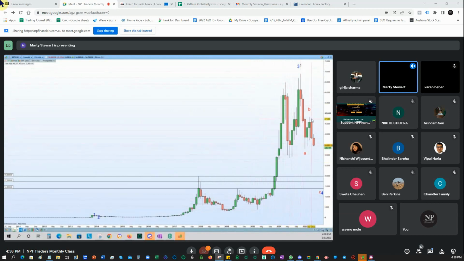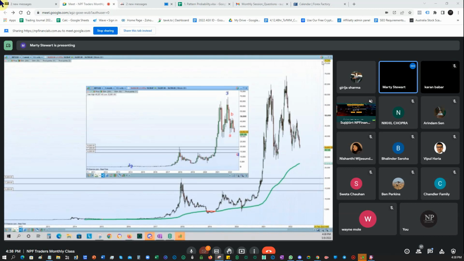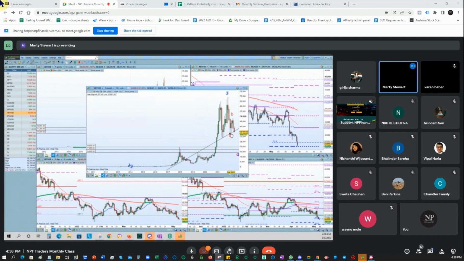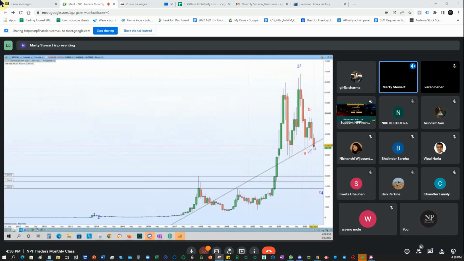Now we'll have an A, a B, possibly a C down to here. And if I just get a trend line, we have this range here of our head and shoulders that we were just looking at before.